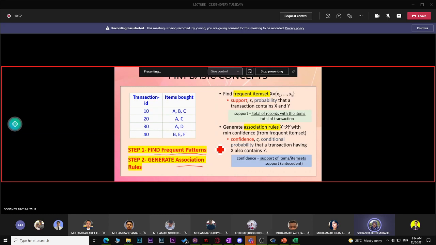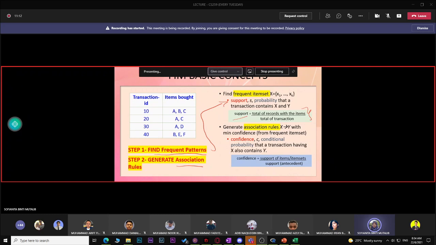This reflects the measures that we are going to use. First, for the patterns or item sets, we use support. Support is actually the probability, total records with the items divided by total transactions.